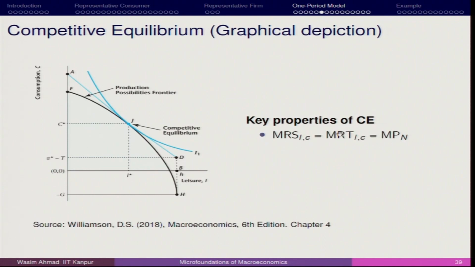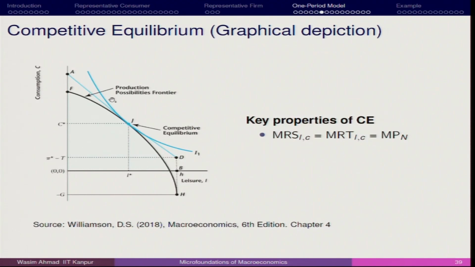The marginal rate of transformation comes from the production side, that is, how much the economy has the ability to convert consumption into leisure. The marginal rate of substitution of leisure for consumption is this point.